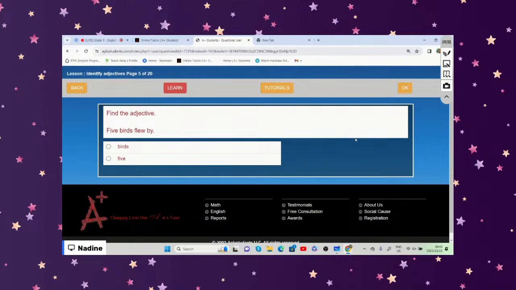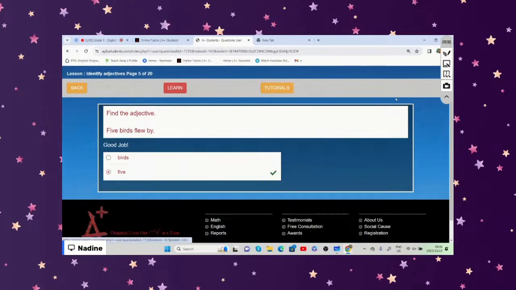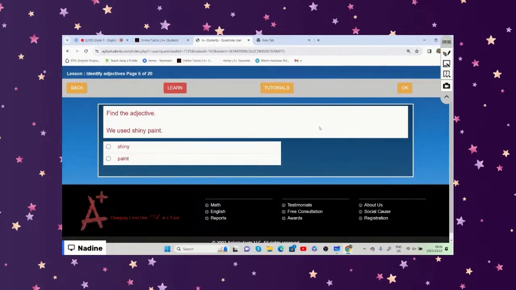Is it birds or is it five? So which means that five is our adjective, and it tells us how many. Yes, correct. 5 is correct.